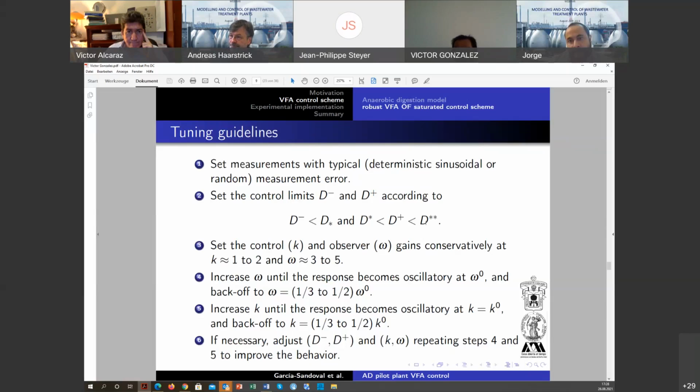Okay. And in the application, we started with the resulting parameters, K and omega. Okay. And then change them a little bit. Very easy guidelines to follow. Okay. Next, please.